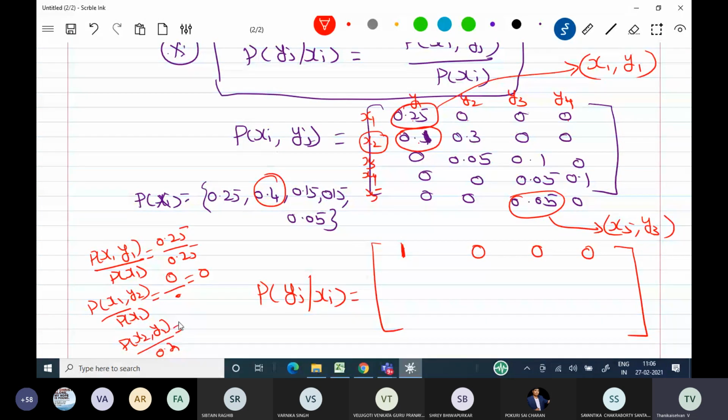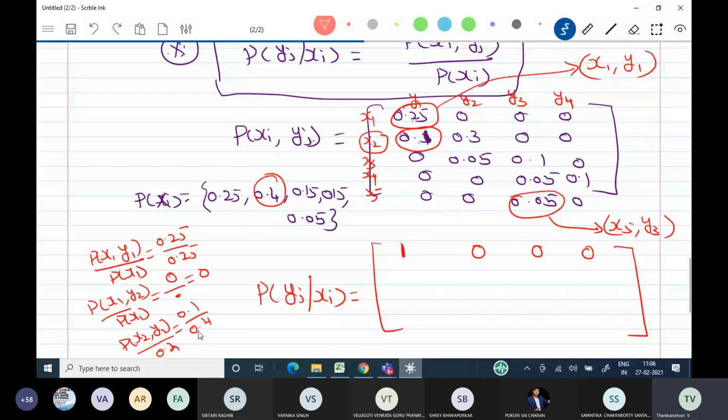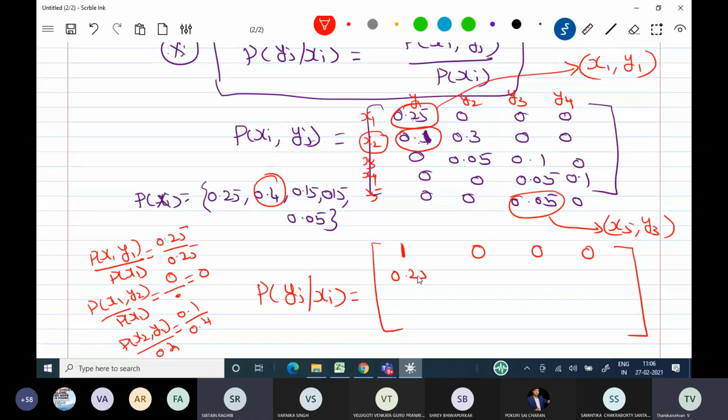So I can take 0.1 divided by 0.4. Is it correct? I want to know whether I am correct or not. Yes, sir, it's correct. What is the answer? 0.25.